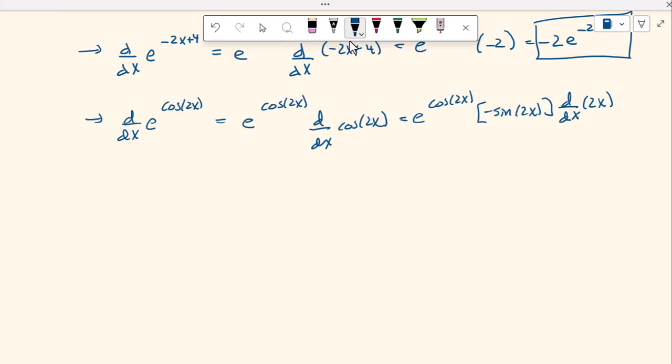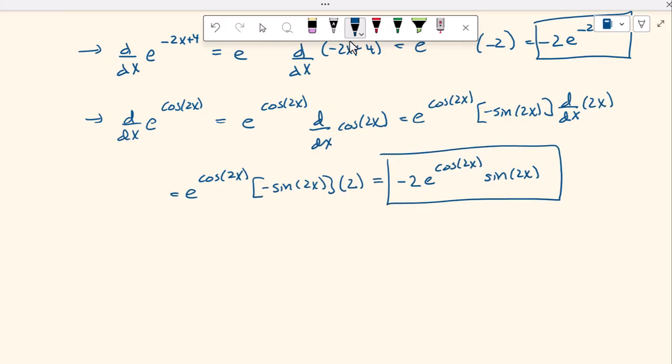That's the chain rule, doing lots of chains. Okay, so e to the cosine of 2x times a negative sine 2x. Now the derivative of 2x is 2. Now I can rewrite this as negative 2 e to the cosine of 2x sine 2x.